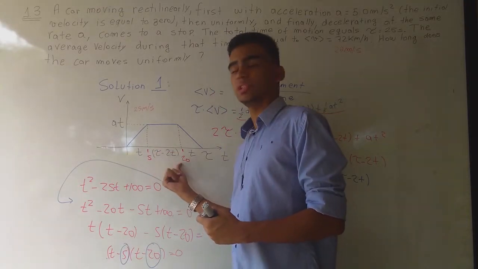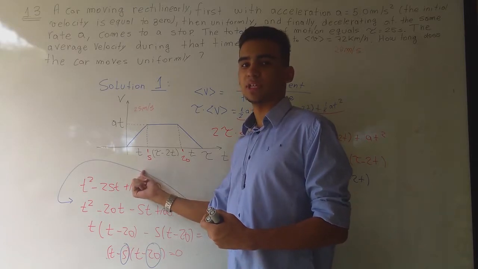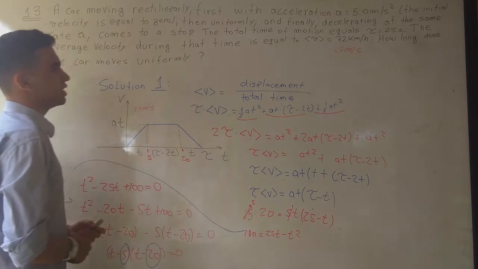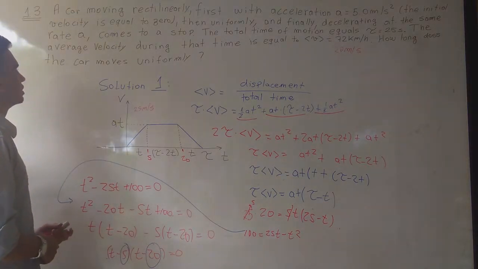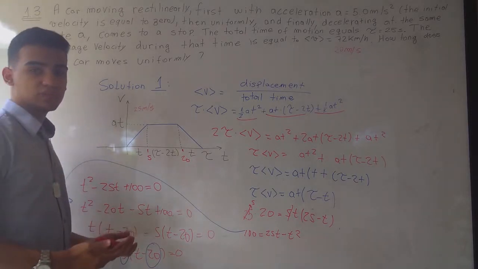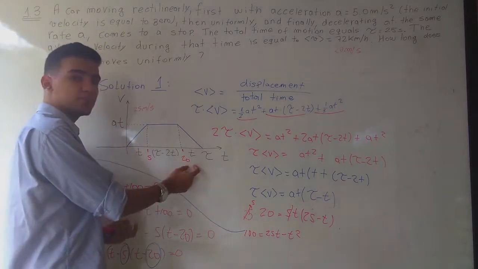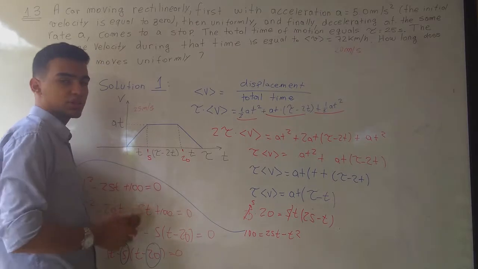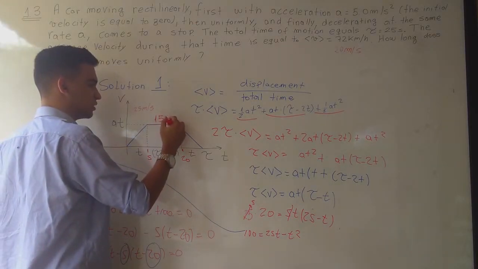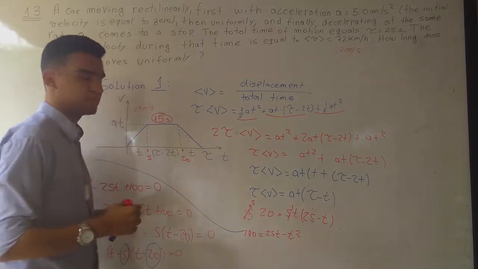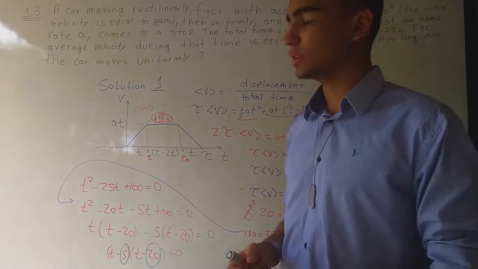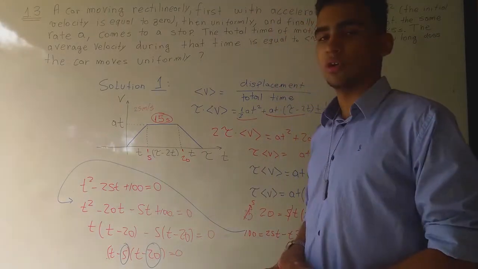It is just 20 minus 5, that is 15. So if we want to know how long the car moves uniformly, it is just 15 seconds. That is this time minus this time. So the answer is 15 seconds. It's just one time minus the other. So that is the first part of the question.